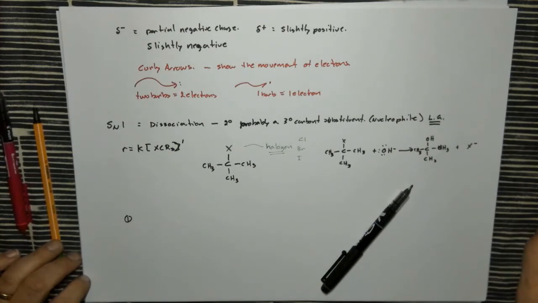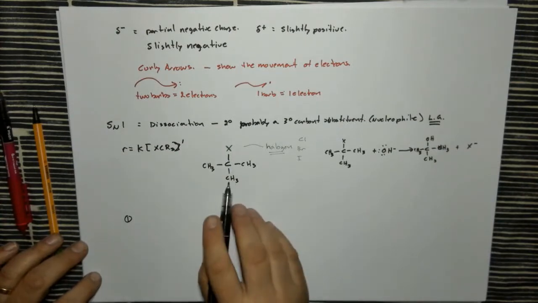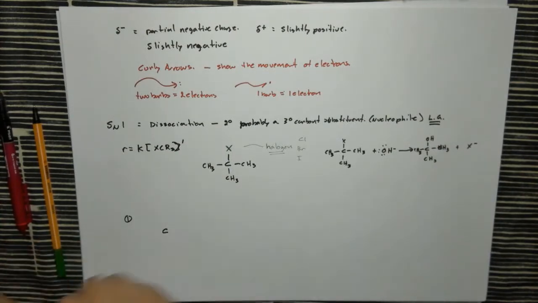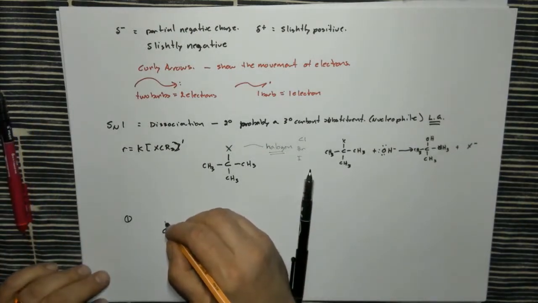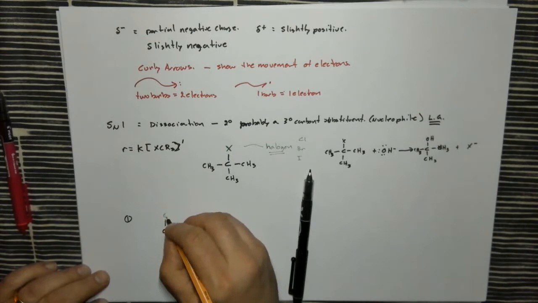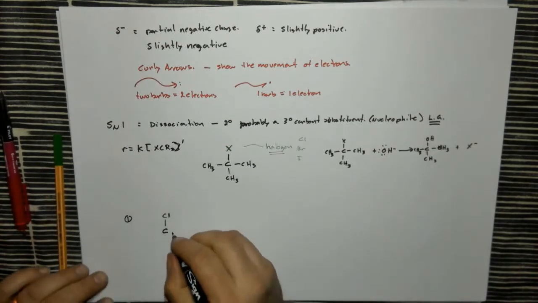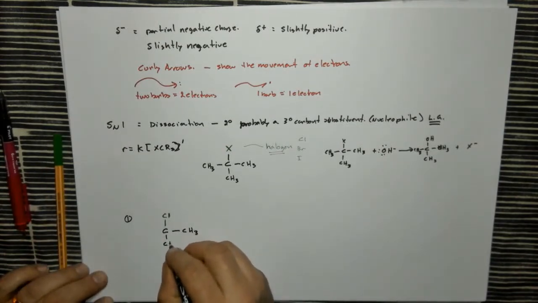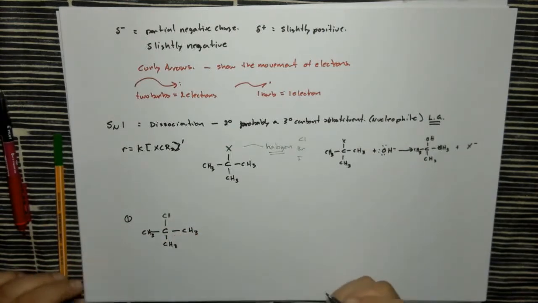You start with the original molecule, which we'll draw here, and I'm going to use chlorine as my halogen this time. I'm going to put Cl here, and we'll make this a tertiary substituted alkane, so it becomes like that.